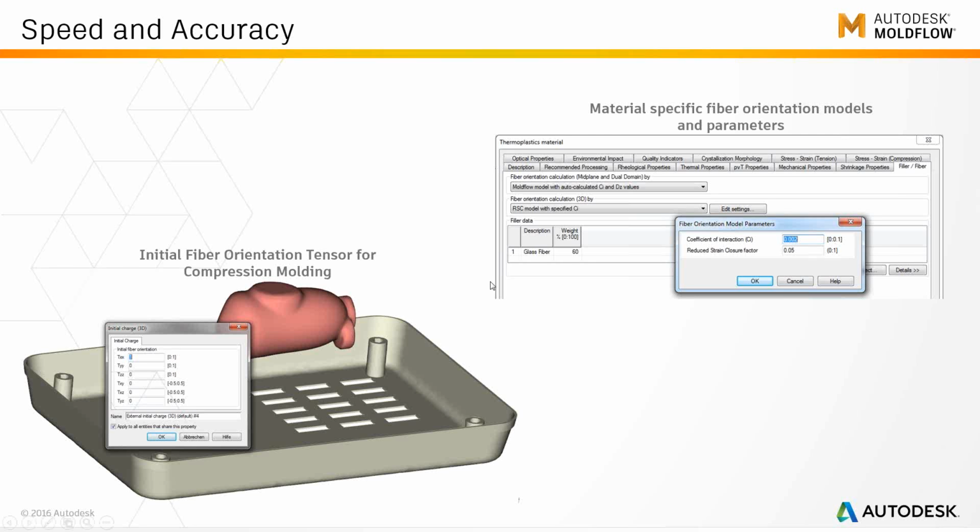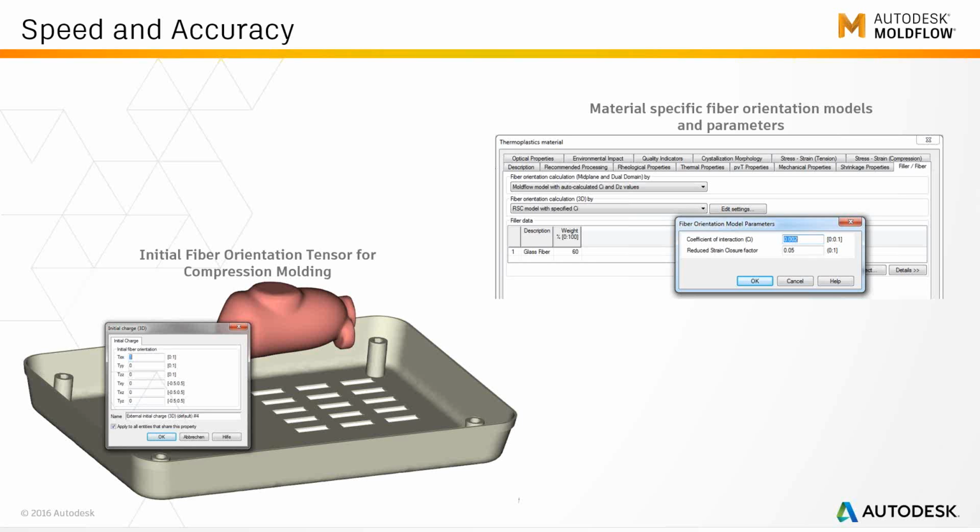A much bigger change that is more impactful for most people, I would say, is that we moved the fiber orientation parameters that were always part of the solver parameters over to the material data. Over the years, in discussion with material suppliers, we found a good amount of evidence that you could treat a default fiber orientation model, or a default set of RSC parameters for the fiber orientation, as a material property.